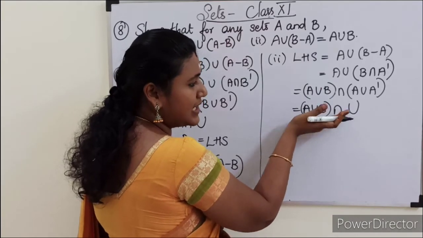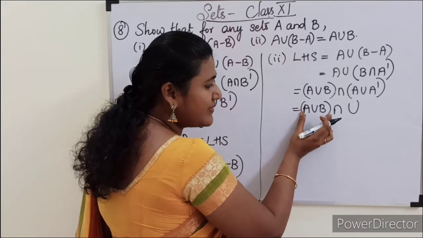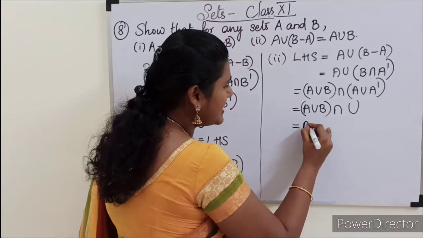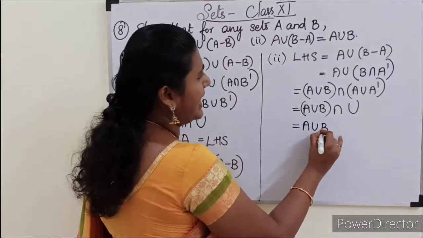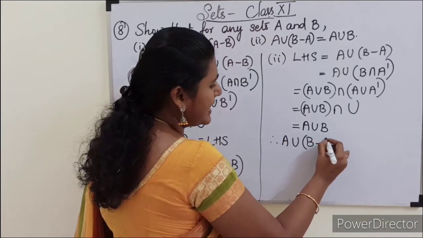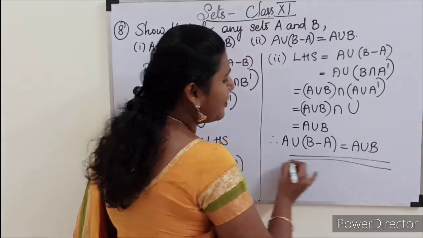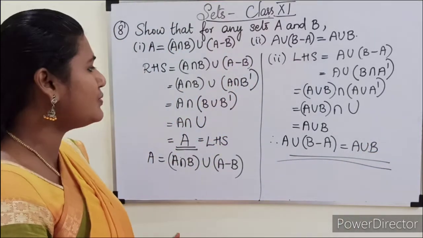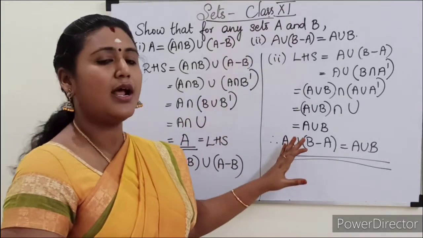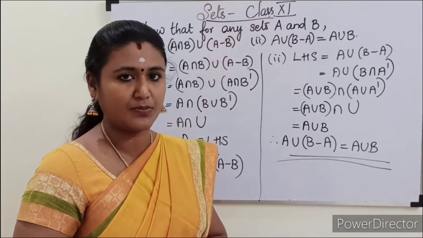The universal set is actually the superset, so the subset will be the answer. That means A union B will be the answer. Therefore we can write (A union B) minus A is equal to A union B. Such types of statements you have to prove using the algebraic method. You cannot use examples to show the given statements are true.